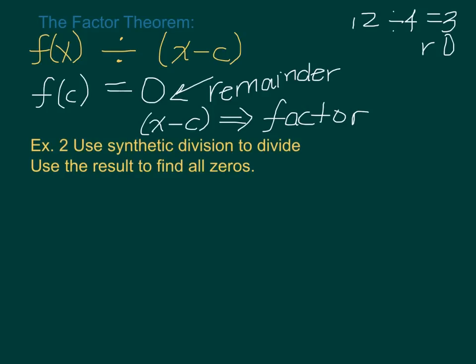So we're going to use example 2. We're going to use synthetic division to divide 2x cubed minus 3x squared minus 11x plus 6, and we're going to divide that by x minus 3.